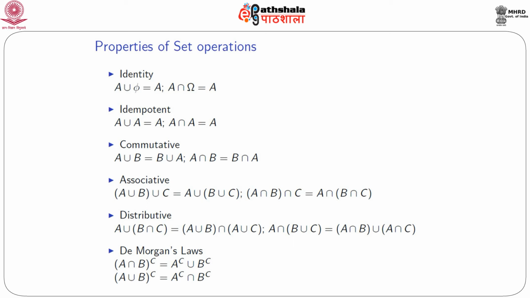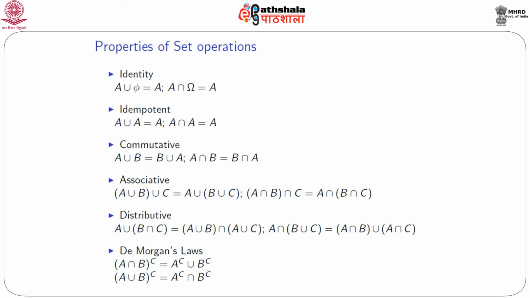The same property can be observed when we are doing intersection. If I take the intersection of the first two sets and then take the intersection with the third, it is the same as taking the intersection of the second and third together and then taking the intersection with the first one. This is called the associative property.